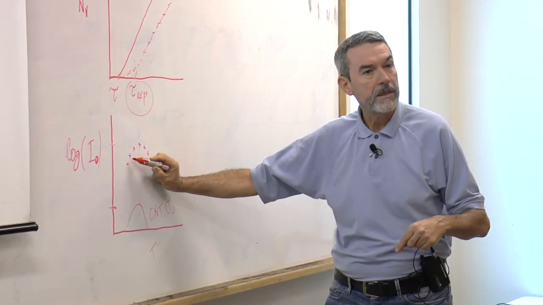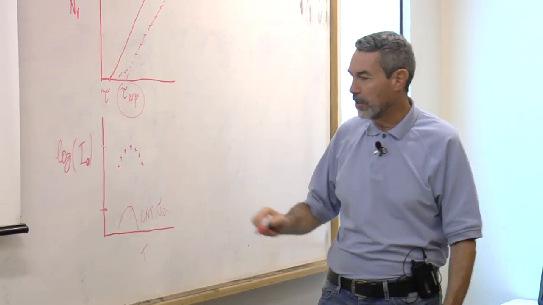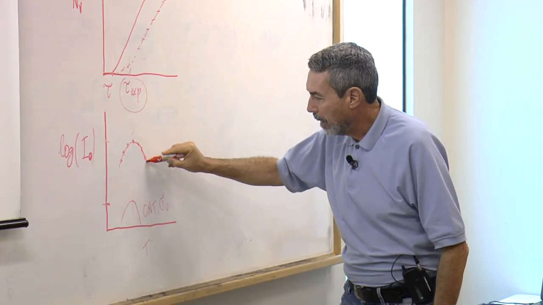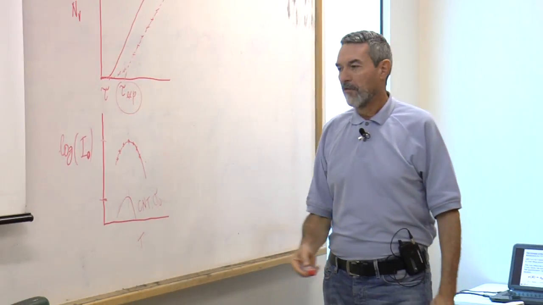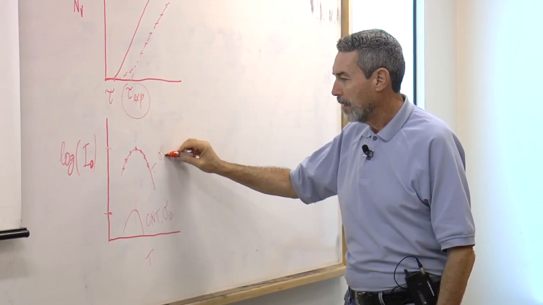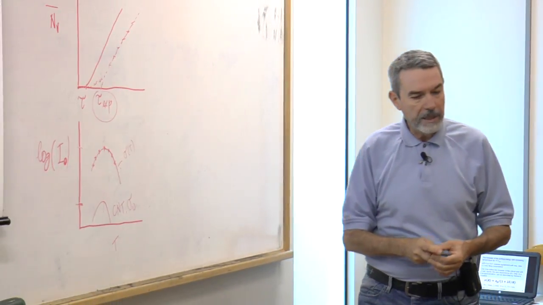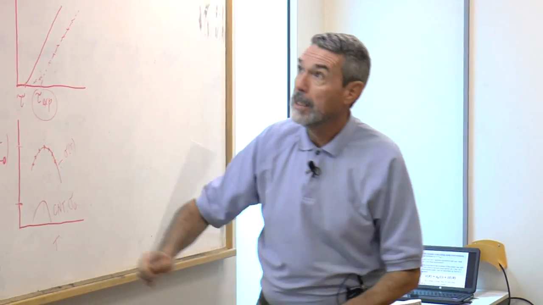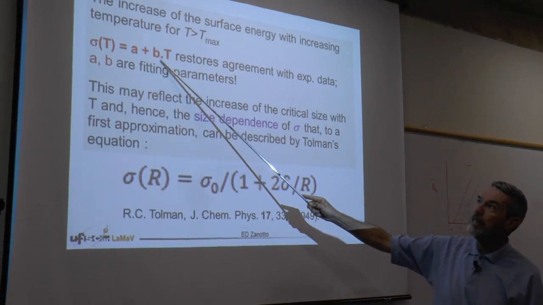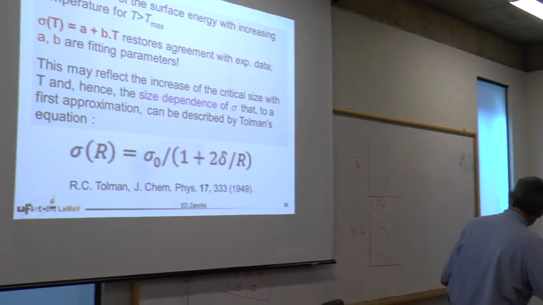Take this other one, what's the surface energy to force agreement? This is a force fitting procedure. So you get now a force fitted curve with sigma as a function of temperature now. And this has been done by several people, and this is the result. A simple A plus BT, sigma increasing a little bit with temperature.